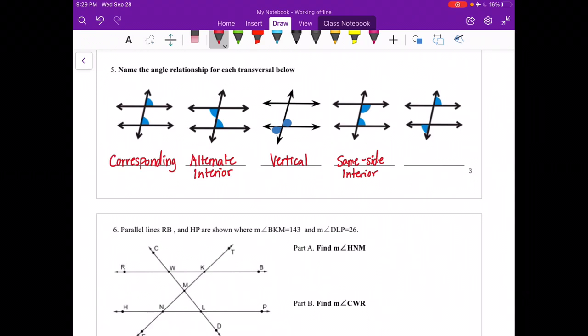Then our final set of angles are two angles that are on opposite sides of the transversal and are outside of the parallel lines, making them alternate exterior angles. And that's it for question number 5.